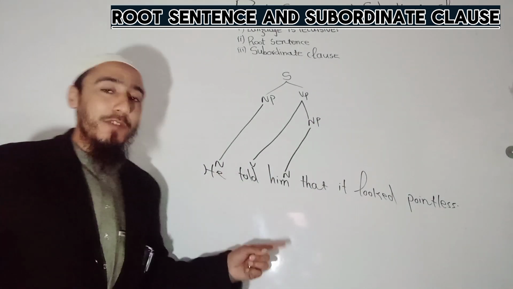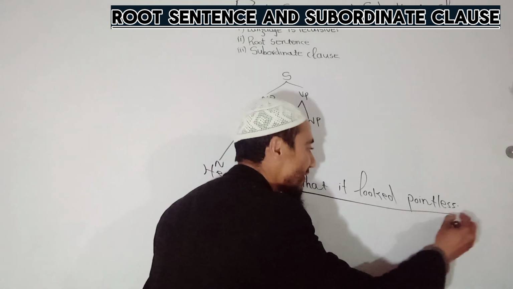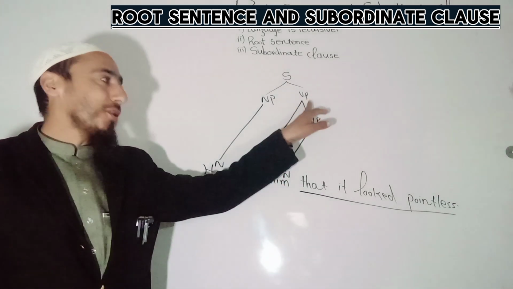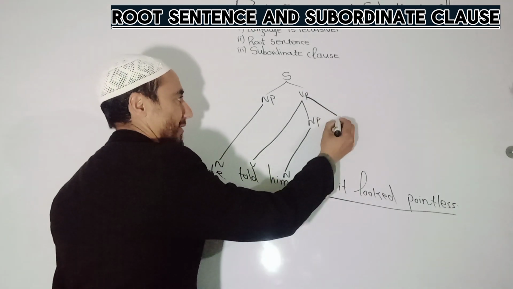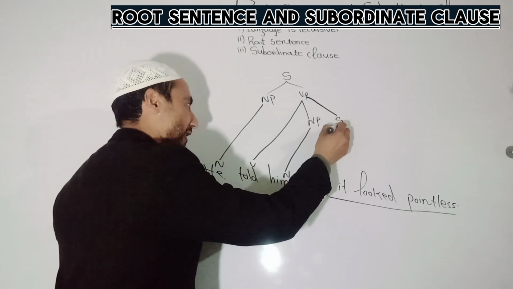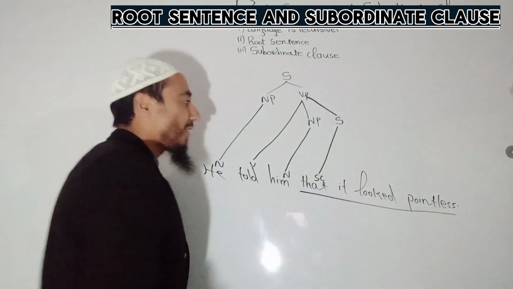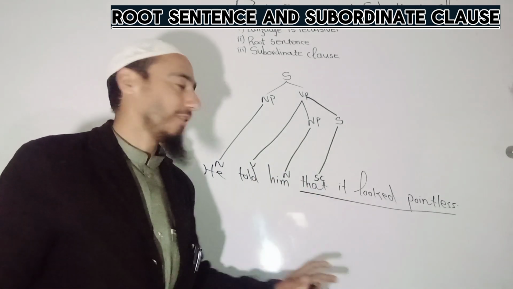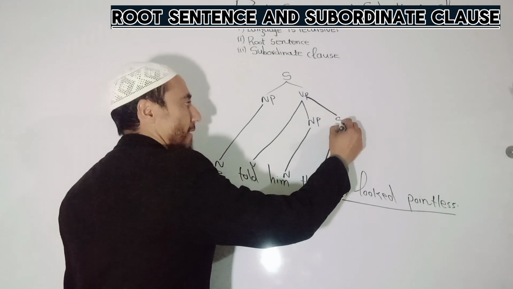So I told you that we have a subordinate clause after the VP. So here we are taking the string from VP. Here S means sentence. In the sentence we have SC, the subordinate clause, because the subordinate clause starts with "that."